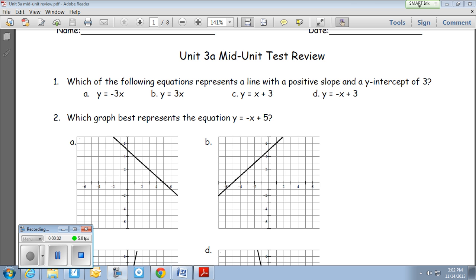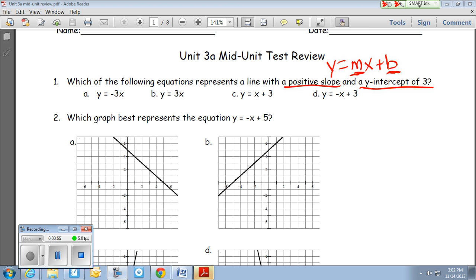It says, which of the following equations represents a line with a positive slope and a y-intercept of 3? So we're looking at a positive slope and a y-intercept of 3. Now let's just keep in mind this whole time that slope-intercept form is y equals mx plus b, where m is the slope and b is the y-intercept.